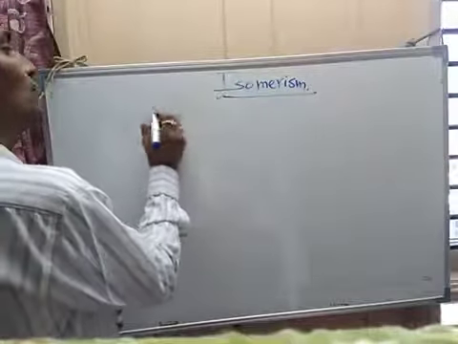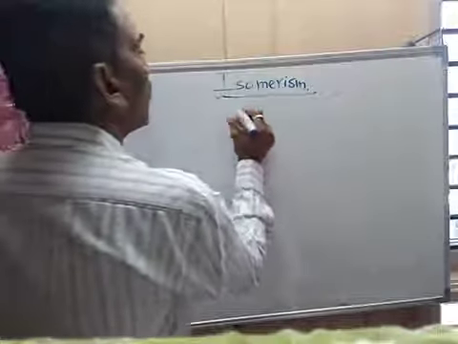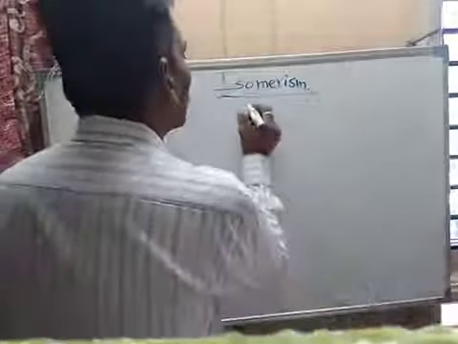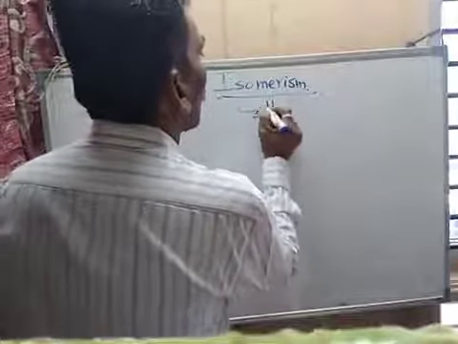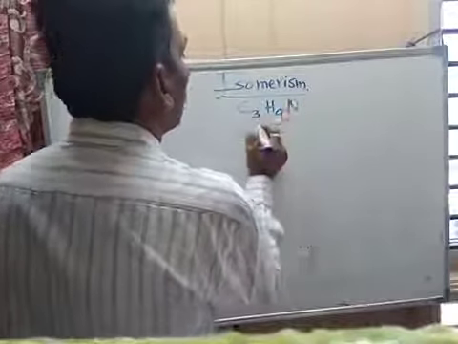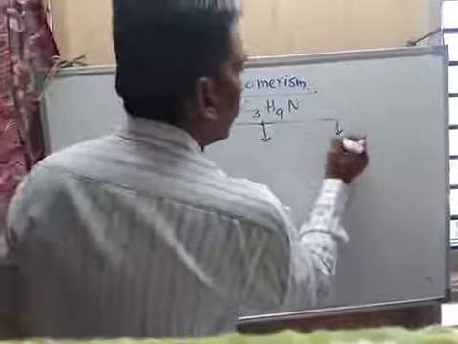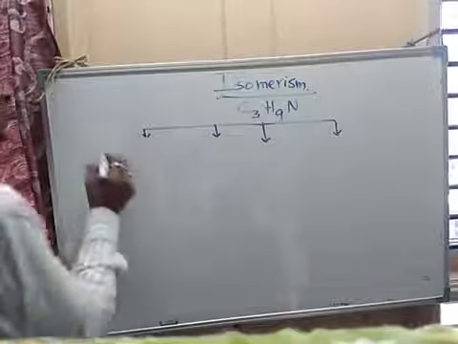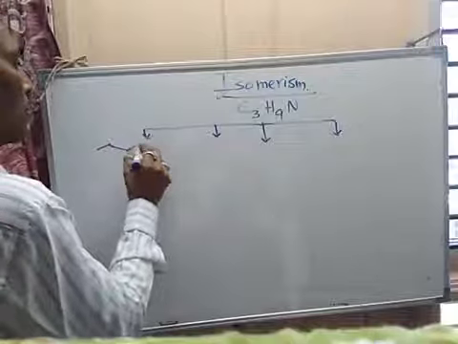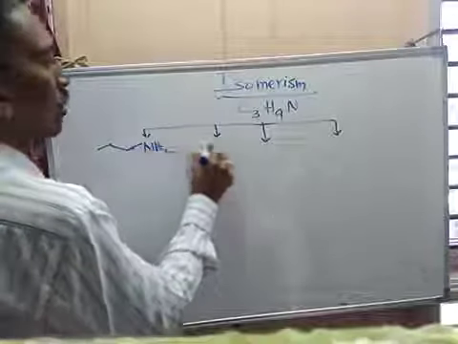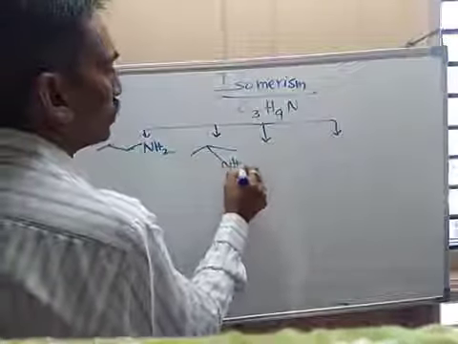That is, the formula is C3H9N. With this one, what are possible? Dear students, I would like to recall, your observation is very, very important. NH2, this is another NH2.